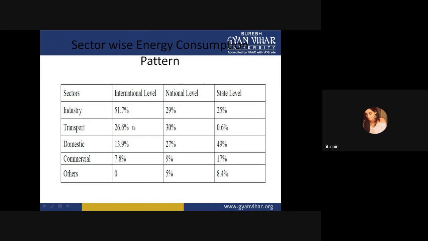Now, in transportation, the energy which is consumed in transportation at international level is 26.6%, and the energy used at the national level is 27%.